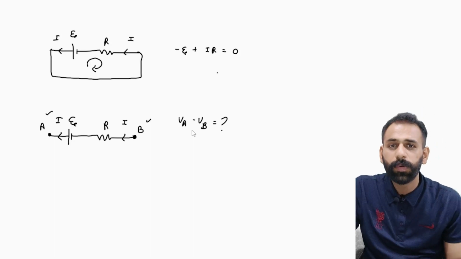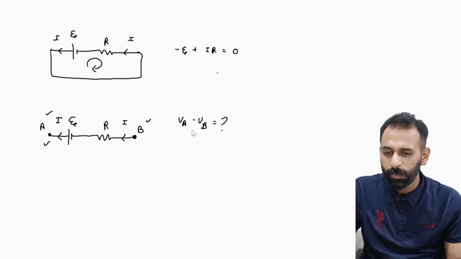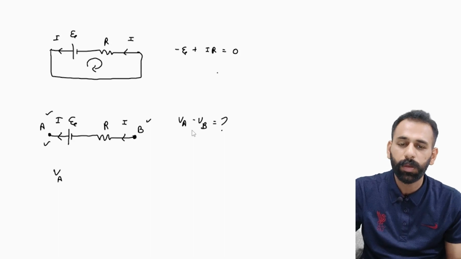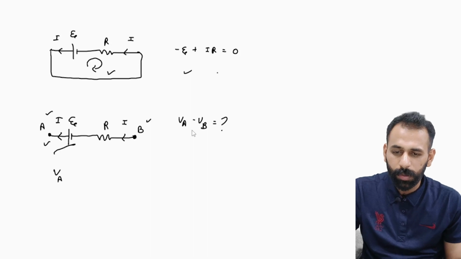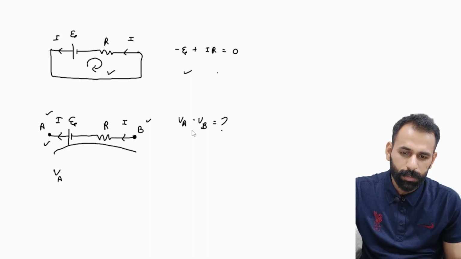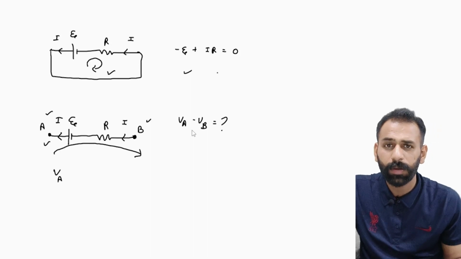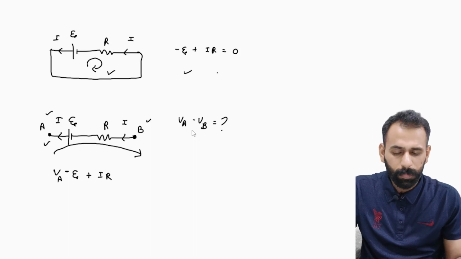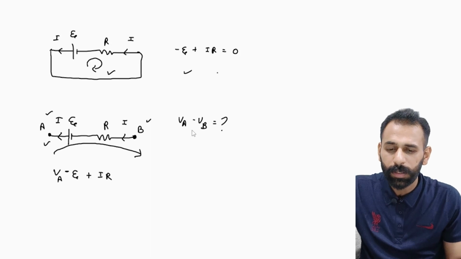So for that, we will start from this point A. We will write here VA, and according to this loop rule, we make the loop in this direction, considering a clockwise direction. So we start from A, and we write minus E and plus IR according to the previous rules as we discussed in the last example.